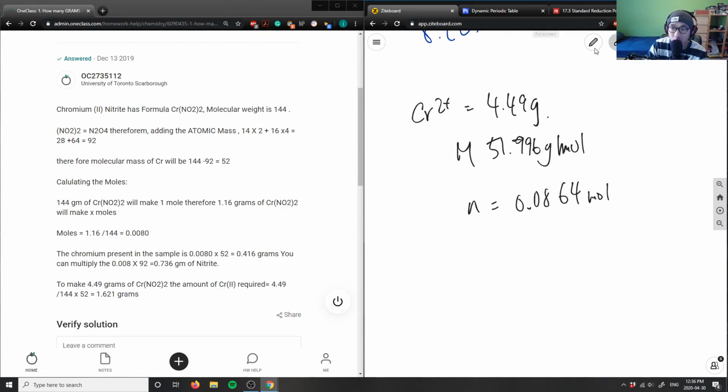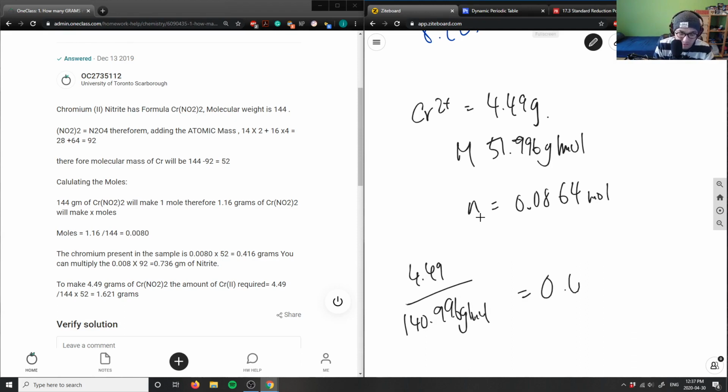So again, what you could do with 4.49 grams is take 4.49 here and divide by 140.996 grams per mole. This would give you some value. Let me do this one. 4.49 divided by 140.996.